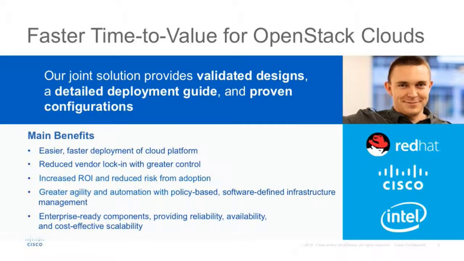So easier and faster deployment, and the validation that Cisco does with the solutions, it reduces the risk while enabling them to adopt OpenStack, so to increase ROI. So we provide greater agility and automation by working with our partners for co-engineering, validation, and support. And we're using enterprise-ready components to provide a reliable, secure, and highly scalable and available platform.